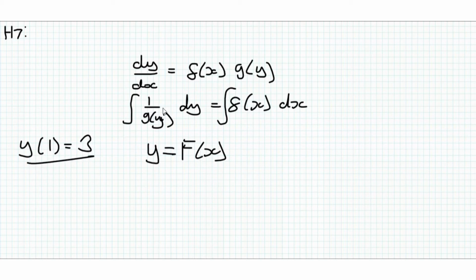And now, this is pretty similar. H8 is just being able to apply these to real world situations. So whether that's a population where you've got dy by dx, or you might have, say, dr by dt, and r is the number of rabbits each time.